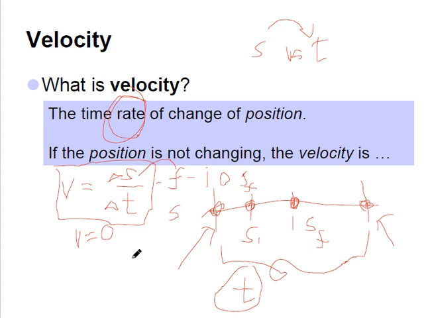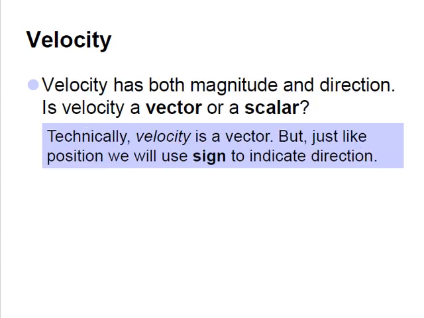And it depends on whether and how fast the particle moves. If the particle doesn't move, velocity is 0. If the particle moves, you have to decide whether it's moving fast or slow, okay? In which direction is this thing moving? You've got to understand that. So anyway, that is velocity.